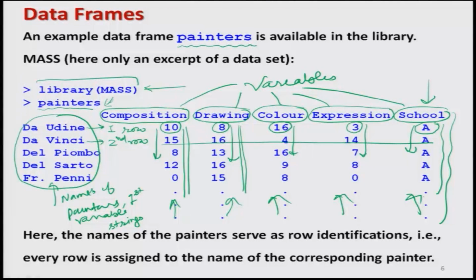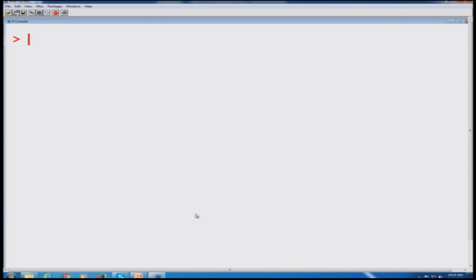Let us do it over the R console and see how it looks and what really happens. First I load my package MASS using the library function, and you can see there is no error. So I believe that this data has been loaded.